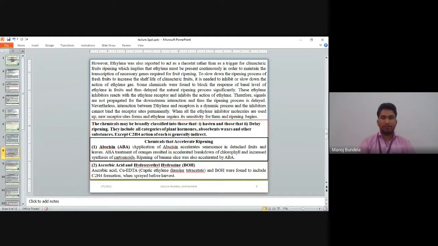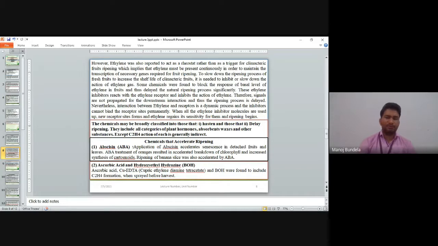Some chemicals were found to block the response of the basal level of ethylene in fruits and thus delay the natural ripening process significantly. These ethylene inhibitors react with the ethylene receptors and inhibit the action of ethylene. Therefore, the signals are not propagated for downstream interactions and thus the ripening process is delayed.